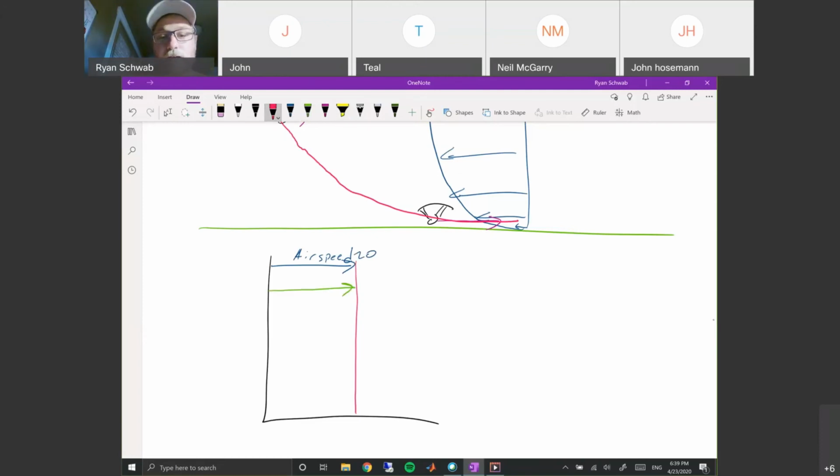However, if we had, let's say, a 5 mile an hour headwind come in, our airspeed would still be 20 miles an hour because, again, airspeed isn't dependent on that wind, but our ground speed, so how fast we're covering the ground, that's what would get pushed down to 15 miles an hour. And similarly, if we had a 10 mile an hour tailwind, our airspeed would be 20 miles an hour, but our ground speed would now move up to 30.